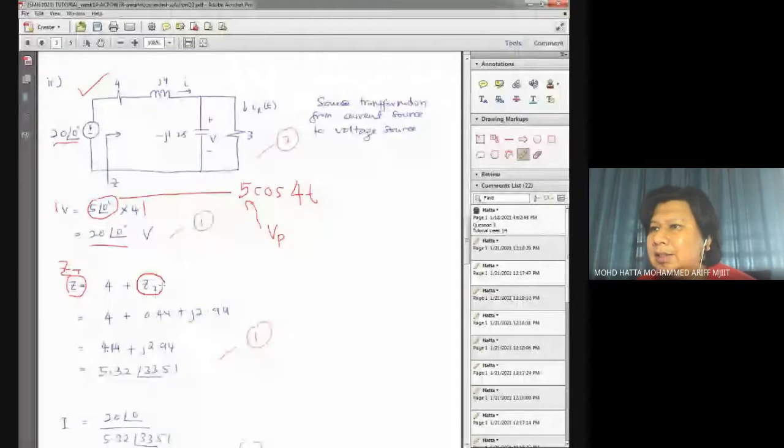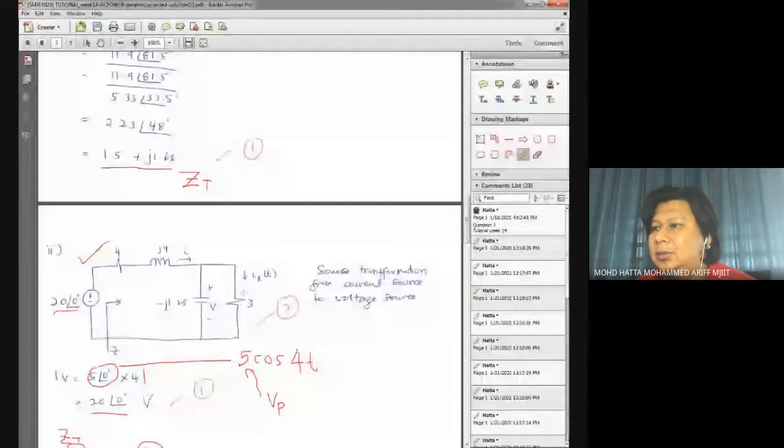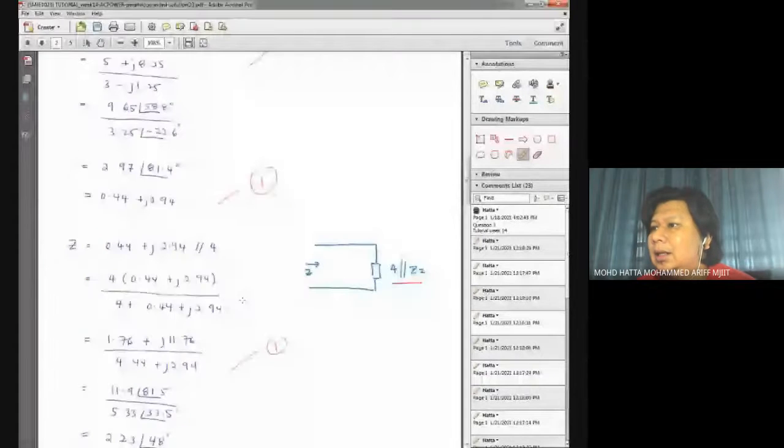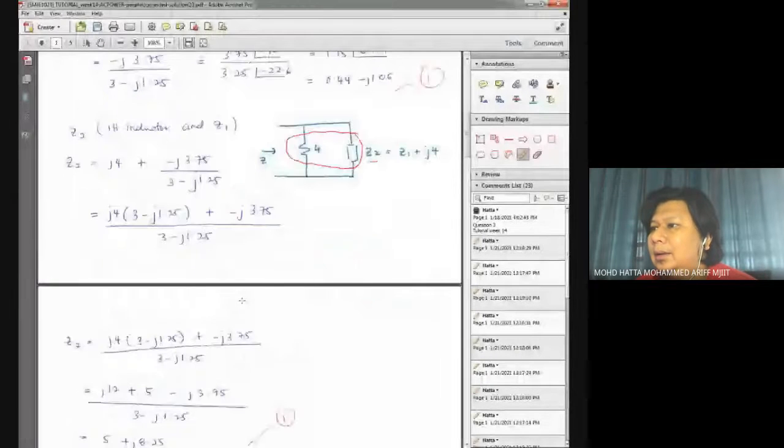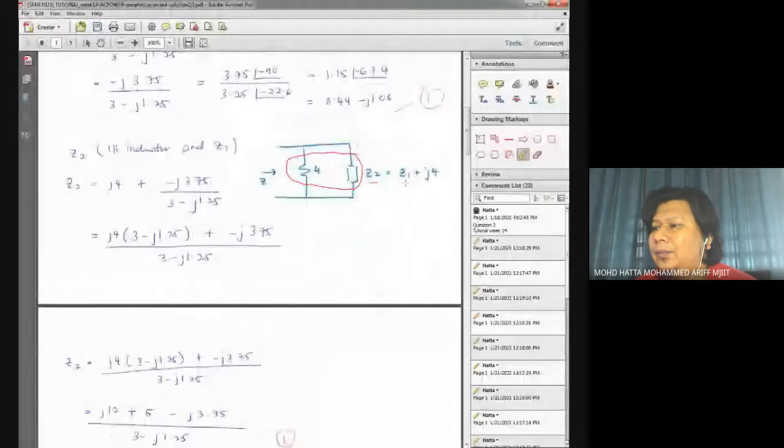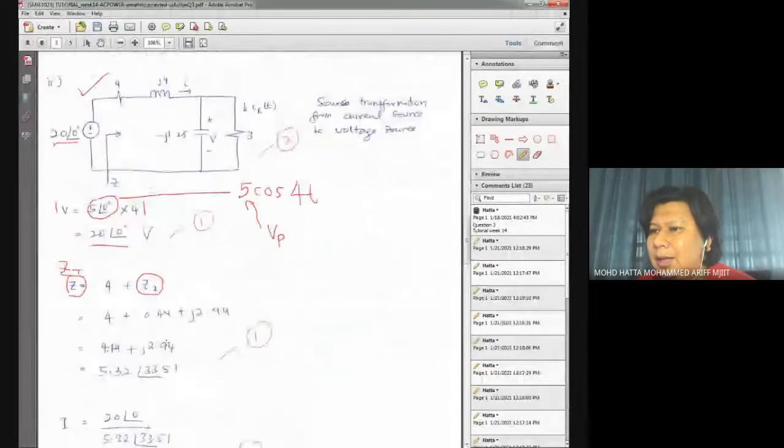If you look at the circuit, we need to simplify this one first. Actually, Z2 has been calculated earlier, where Z2 is Z1 plus Z4. So you don't need to calculate Z2 this time around because it has been calculated earlier in the first part.